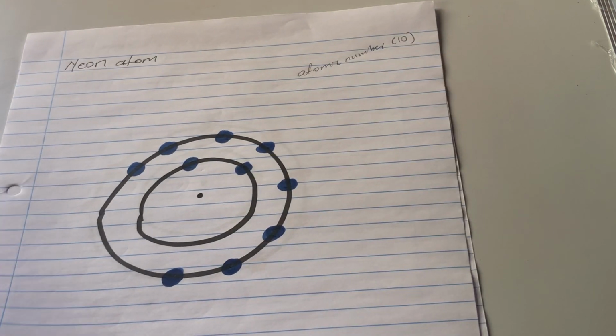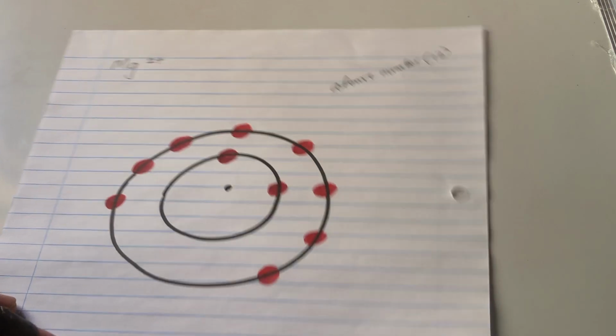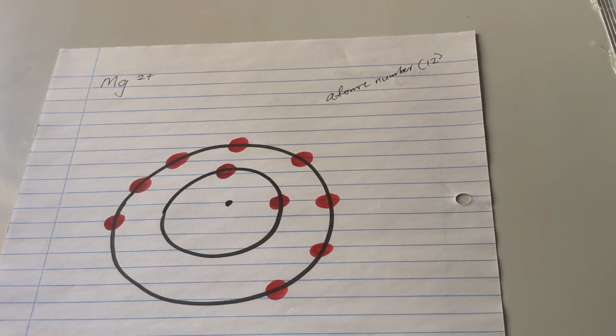Let's go to the next example, which is magnesium ion, Mg2+. What is the atomic number of magnesium? It's 12.